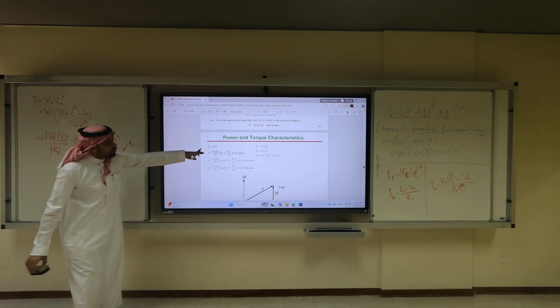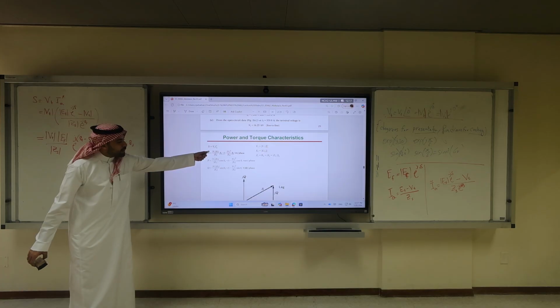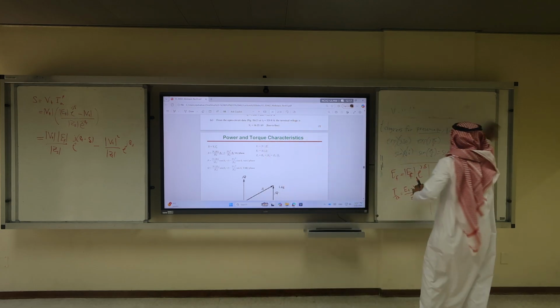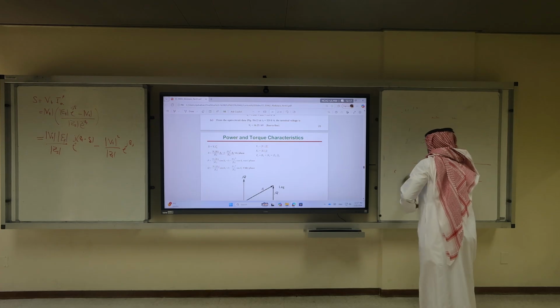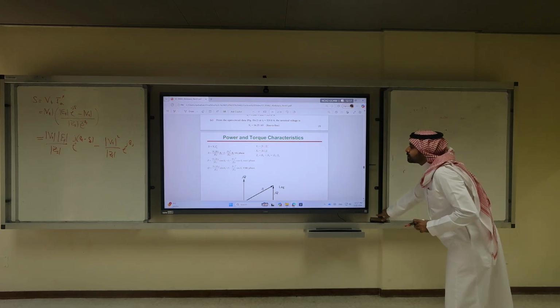How do we move from this expression to these two? P is the real part of this, Q is the imaginary part of that. We use what we call Euler identity, okay? If we use Euler identity, what will happen?